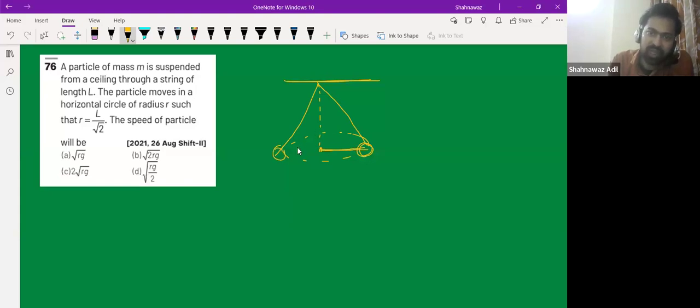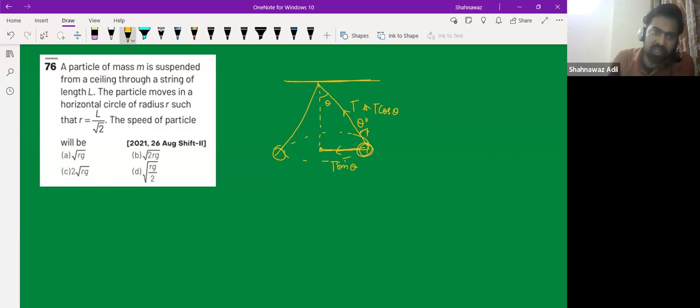So this is your tension, right? This is angle theta. This tension will have two components, T cos theta and T sine theta, right?